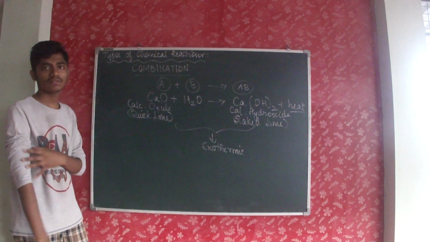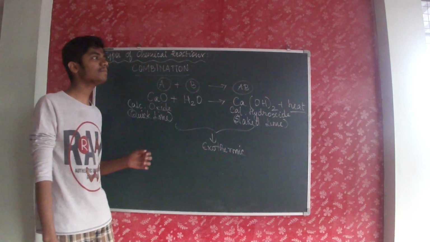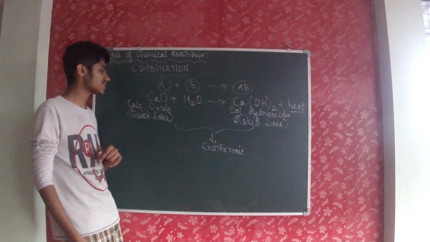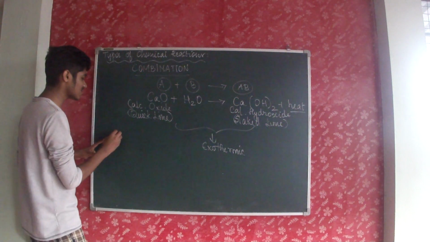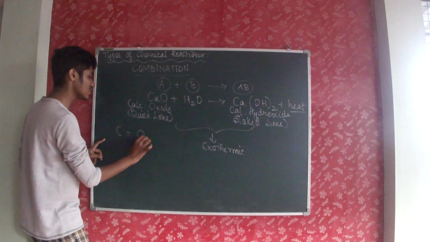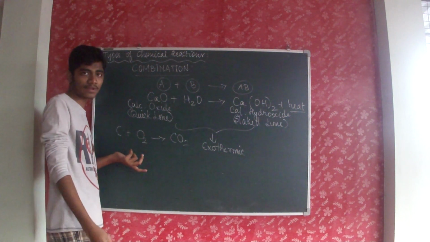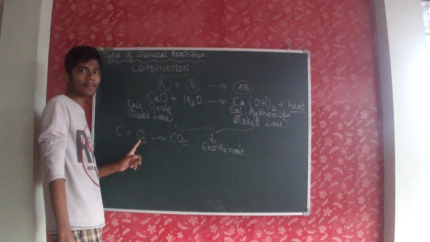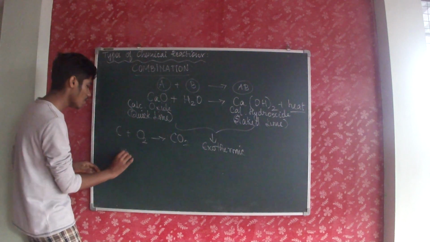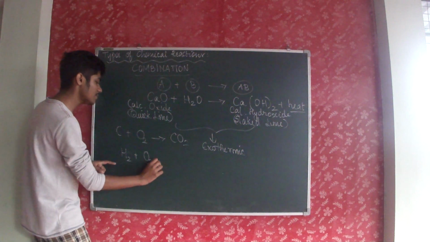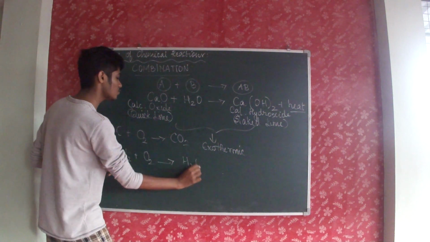Other examples of combination reactions: the formation of carbon dioxide, carbon plus oxygen gives carbon dioxide, because two reactants combine together to form a single product. Also H2 plus O2, hydrogen plus oxygen, gives H2O.